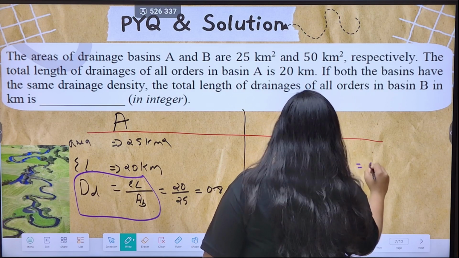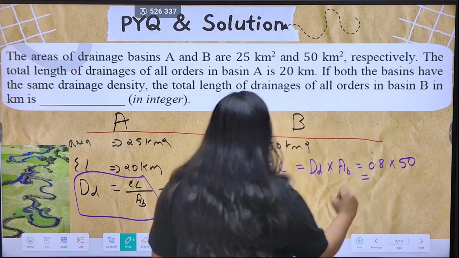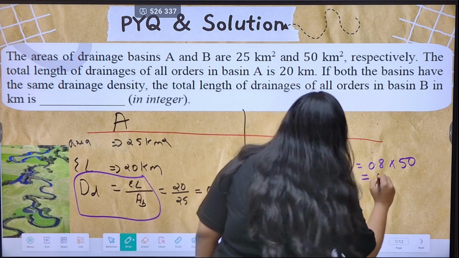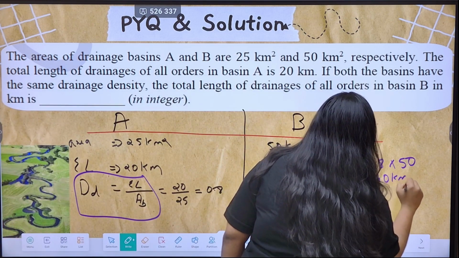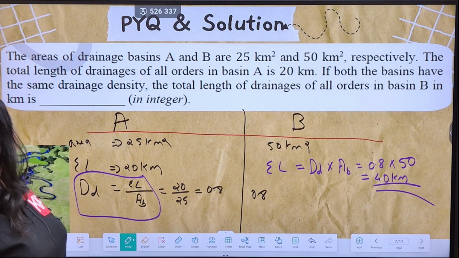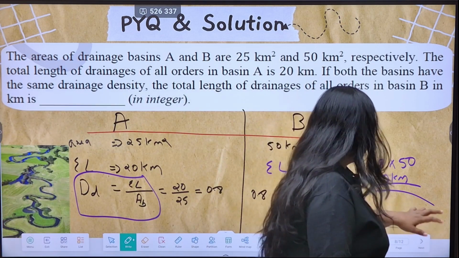Drainage density is 0.8 into 50, so that will be 40 kilometers. 40 kilometers will be the answer. So simple question. Moving to the next one.